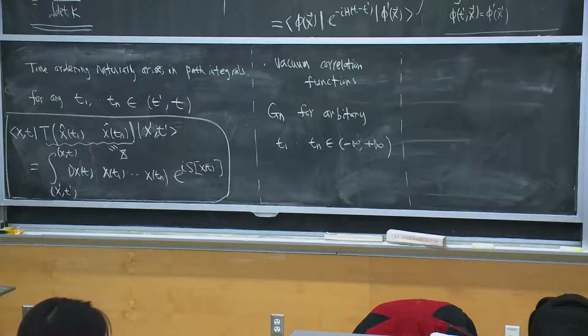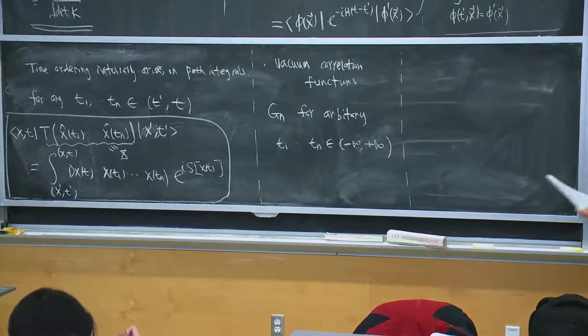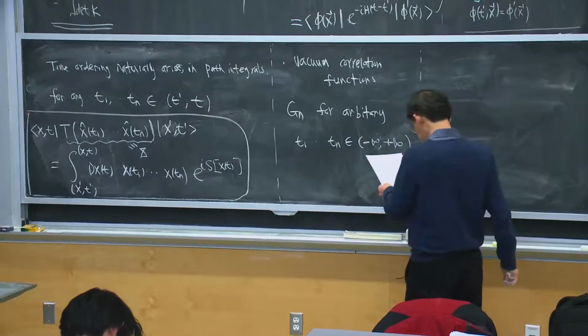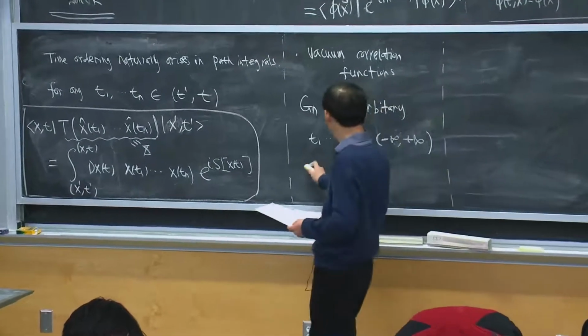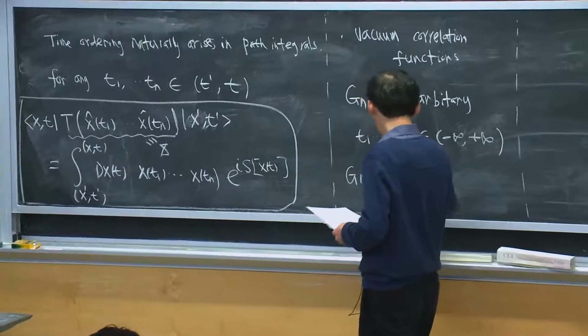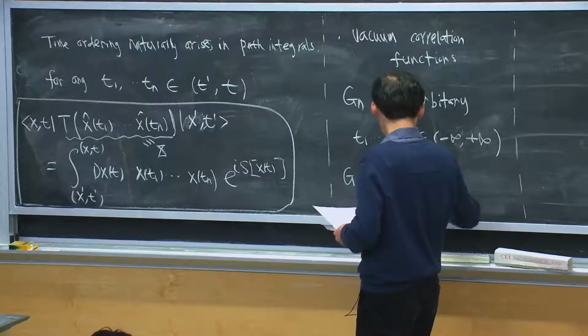So we want to compute this, and Gn using our notation is equal to the vacuum expectation value of X in the vacuum, 0, X, 0.